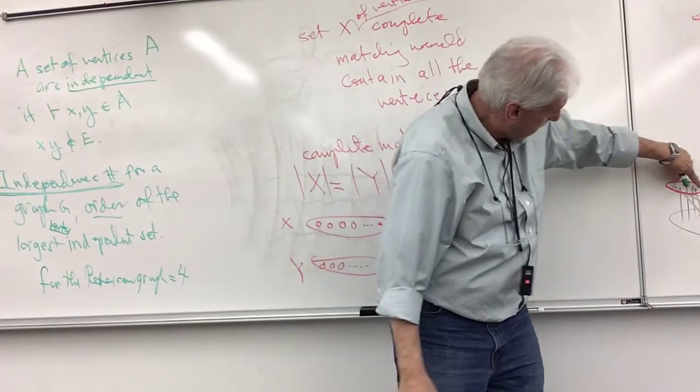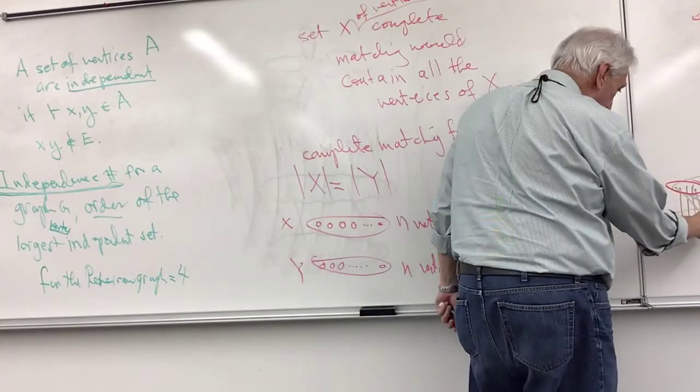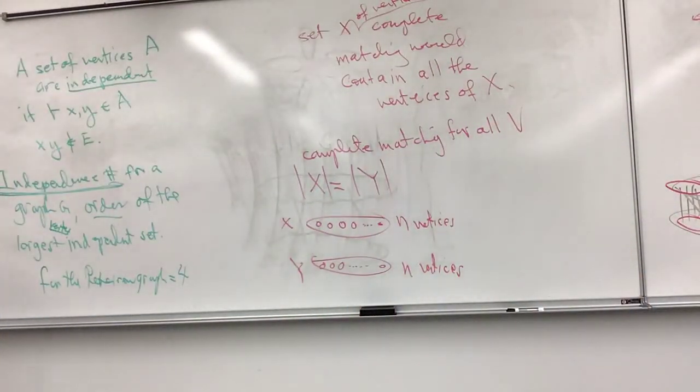So I take any subset of vertices of X, and I look at the neighborhood, the neighbors in Y. If at some point I pick an X and the number of neighbors is fewer than the size of X, if I choose a set X that has 5 elements in it, and it was only adjacent to 4 elements in Y, would there be any way to match up X with Y?